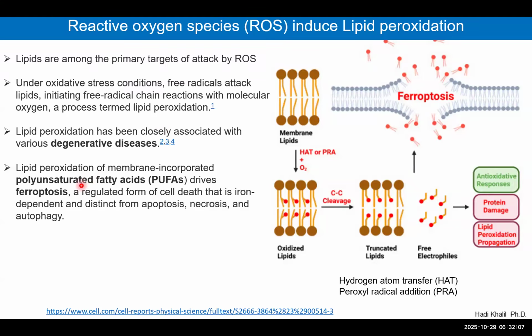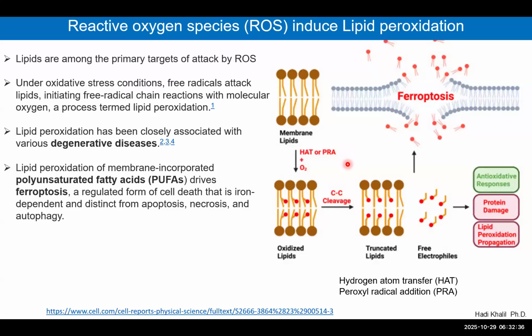And the type of cell death that is really induced by this is called ferroptosis. And the first part of the name says ferro, it's iron related. So in the presence of iron, there is a type of cell death that is very similar to apoptosis that takes place. So what happens at the first step of the lipid peroxidation?